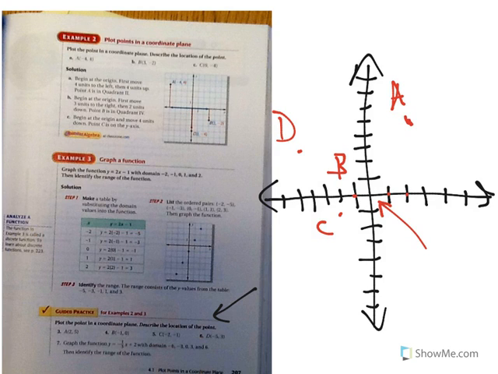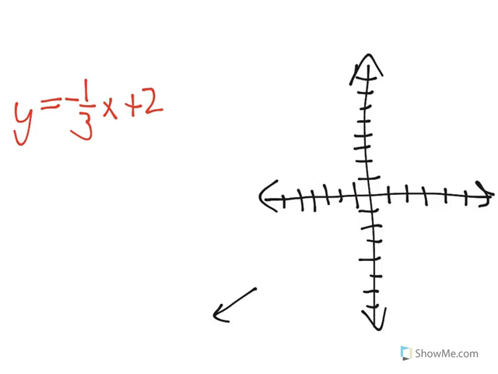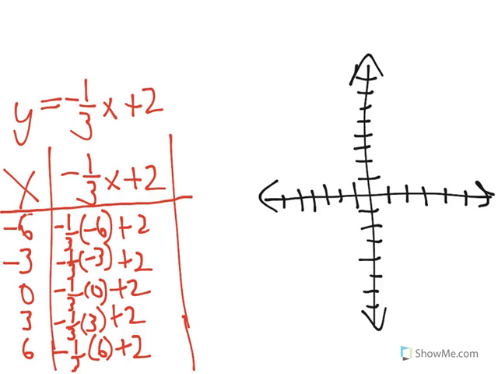Now we're going to go ahead and graph this next one. So I went ahead and I have now written out the formula and got rid of that picture. That's the actual equation that we're going to be graphing. And we're going to be graphing it for the following values of x. So what I've written out here is I've substituted in the values for x into the equation. Now we're just going to solve them.